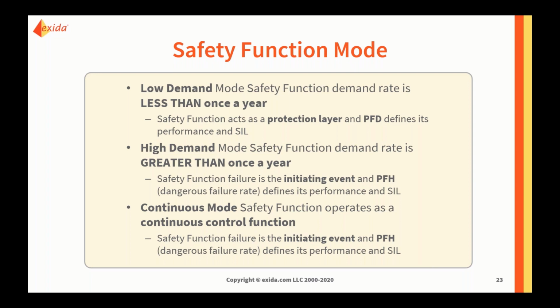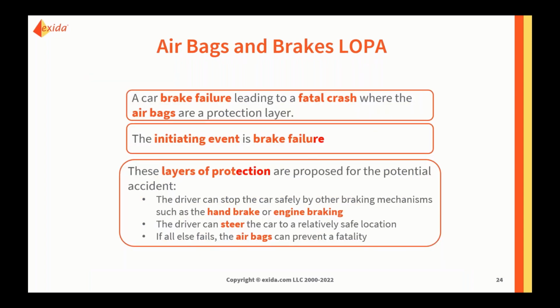So let's look at a risk scenario that has both elements of initiating event and protection layers at play. And I'd like to use an automotive accident example, because in automotive accidents, we often have an inherently high demand function associated with the car brakes, and an inherently low demand function associated with a set of airbags for a car.